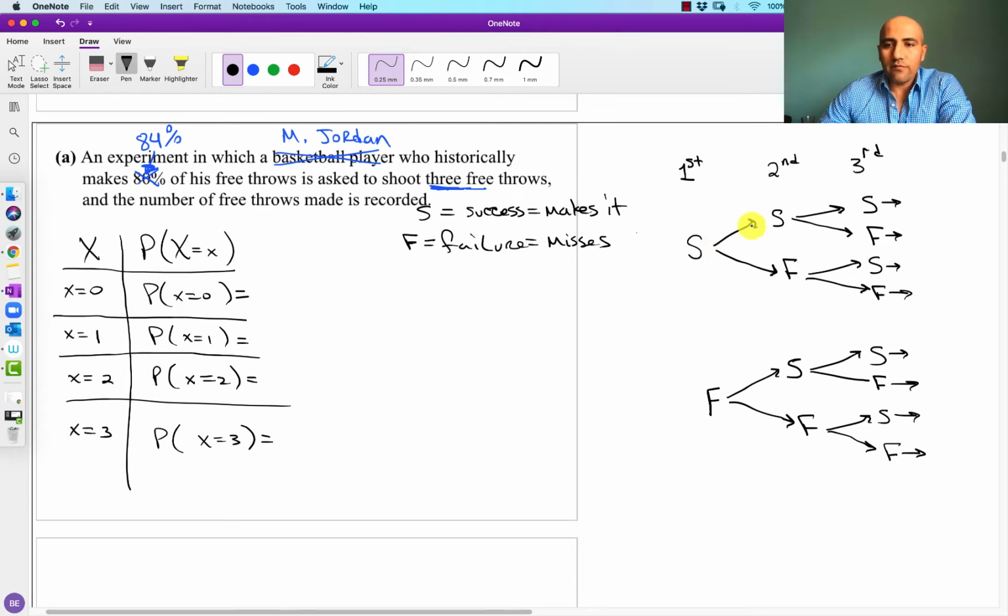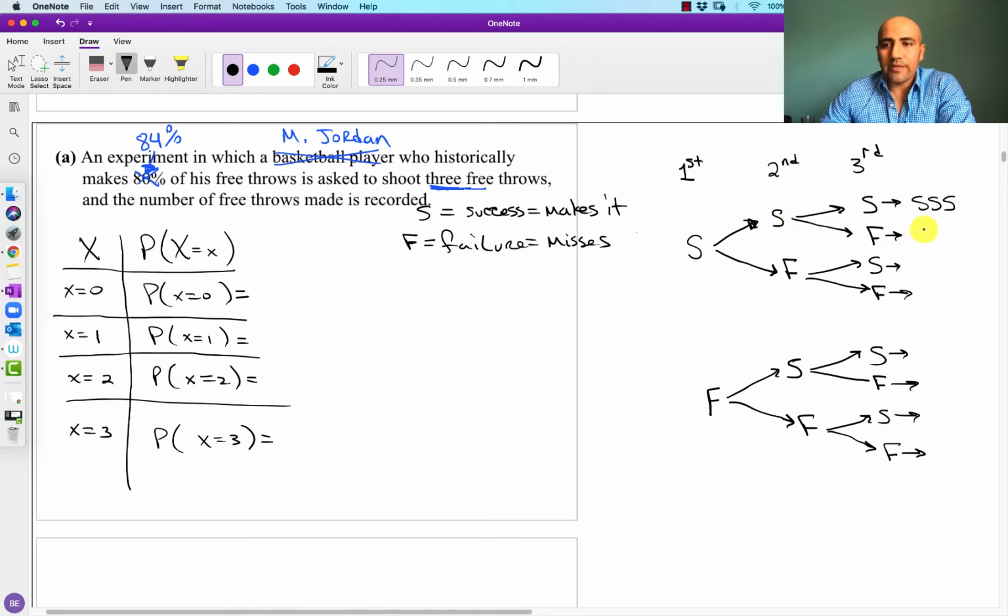So the first one, following the tree in this direction, here's the case where he made the first one, he made the second one, he made the third one. So this is S, S, S. Good. Following the tree in this direction, he makes the first one, then makes the second, and then fails the third one, right?